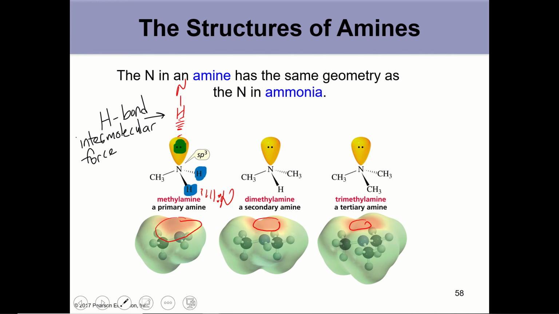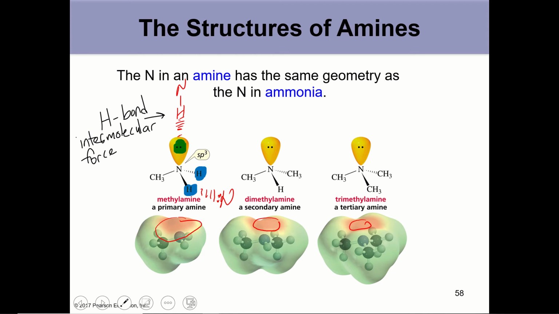As we replace the hydrogen atoms bonded to nitrogen with carbon, we are removing a position at which hydrogen bonds could be formed. Remember, a hydrogen bond is a bond between an NH group of one molecule and an N, O, or F of another molecule.